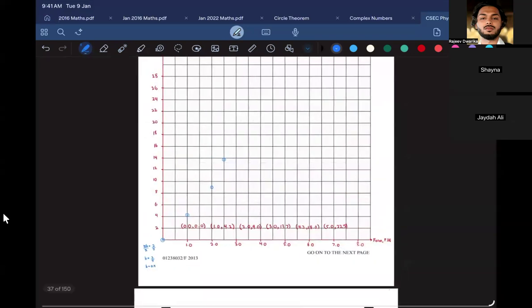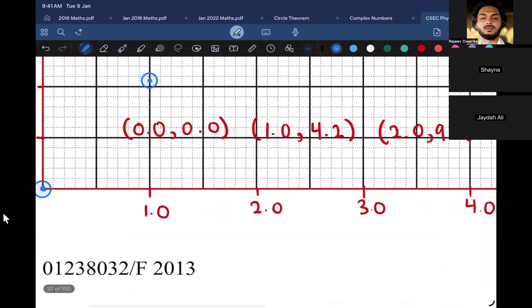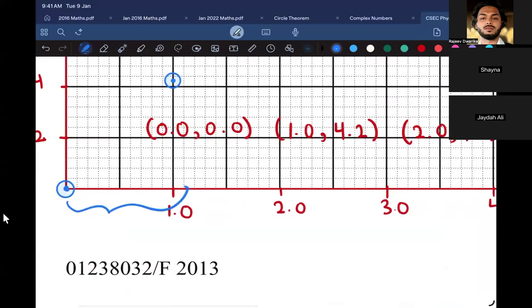And then we have 4.2, 18. Now we need to figure out what one of the small blocks is equal to on the x-axis. From 0 to 1, how many small blocks do we have? 10. So 10 small blocks is equal to 1.